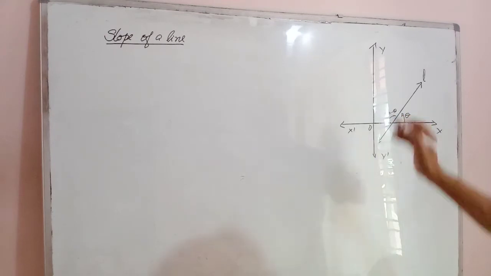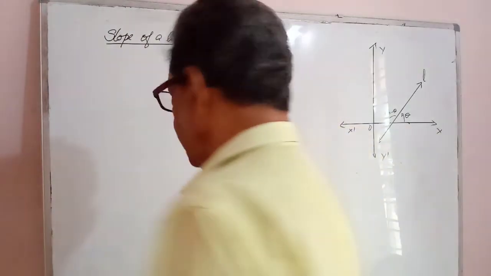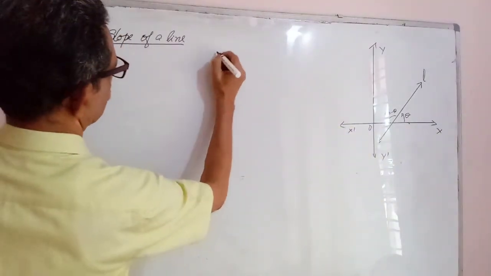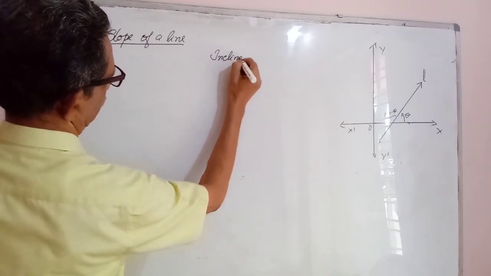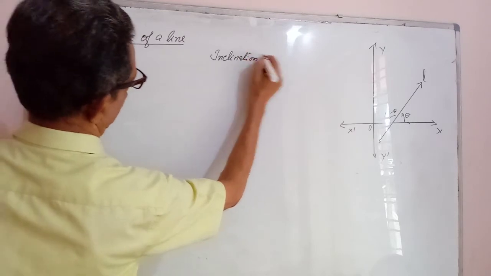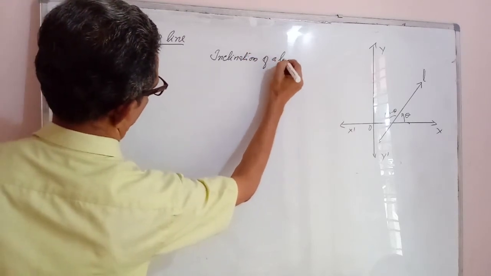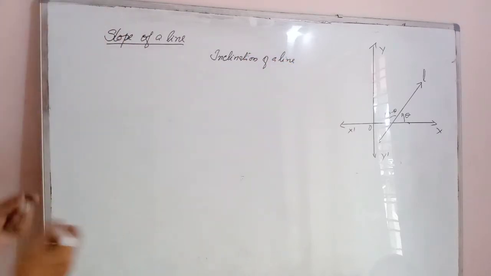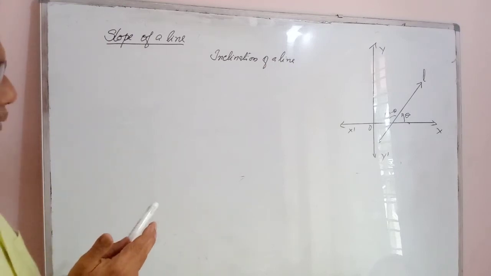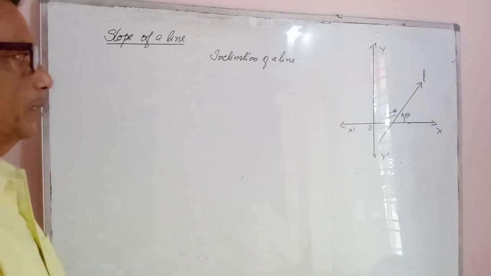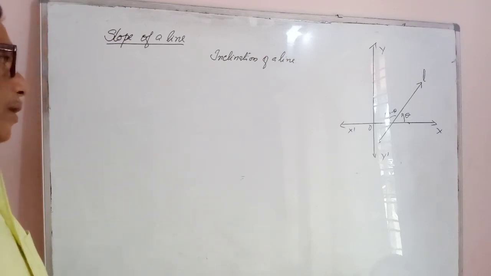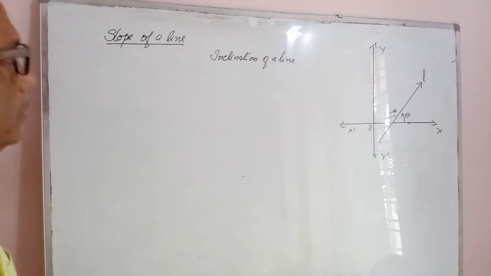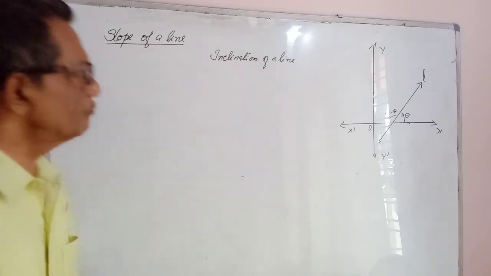This is not the inclination. So the inclination of a line: if a line makes an angle with the positive direction of the x-axis measured in the anti-clockwise direction, it is called the inclination of the line.